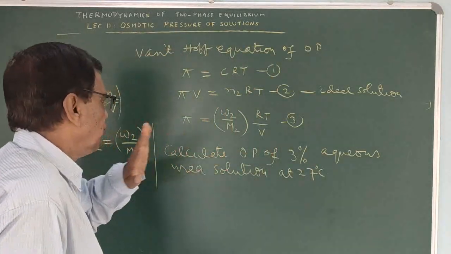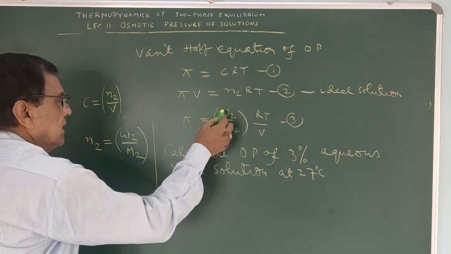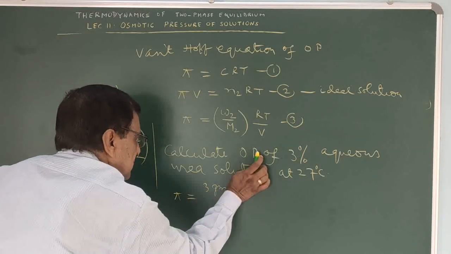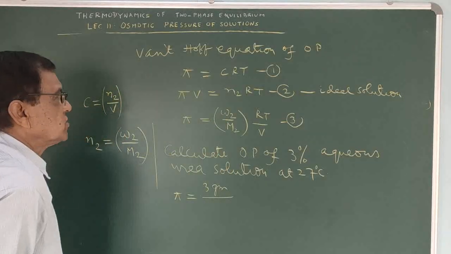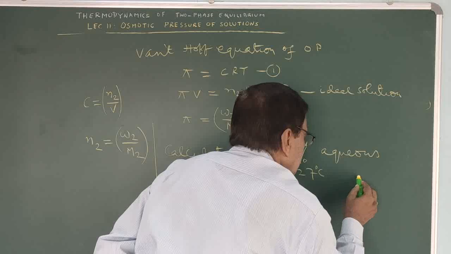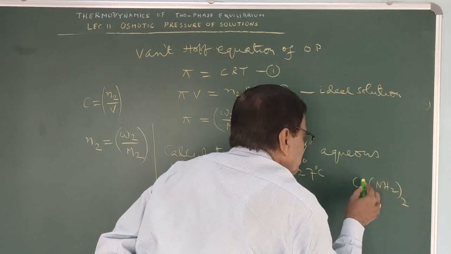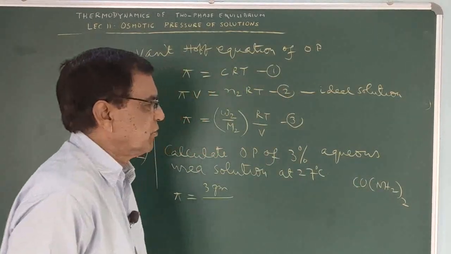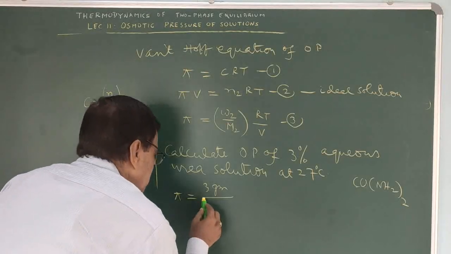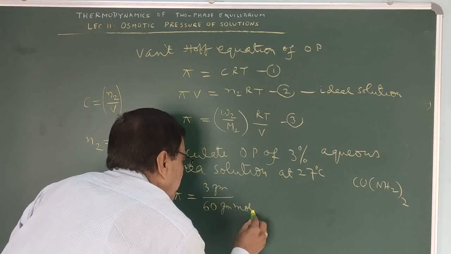If we solve this problem, then pi equals, here W2 is 3 grams and the molar mass of urea, with the formula CONH2 whole twice, is 60 gram mole inverse.